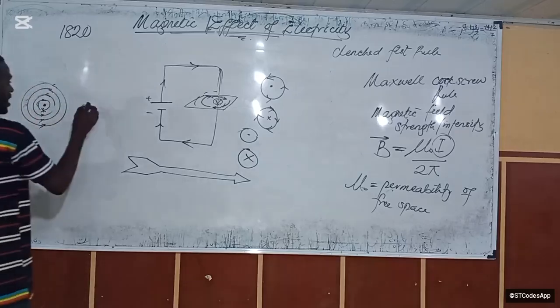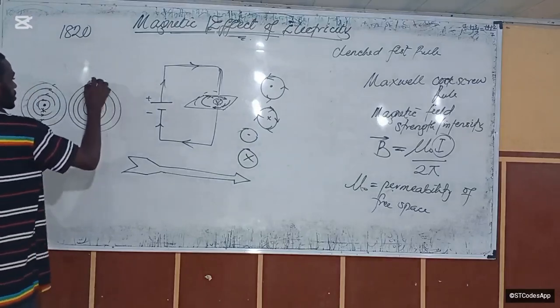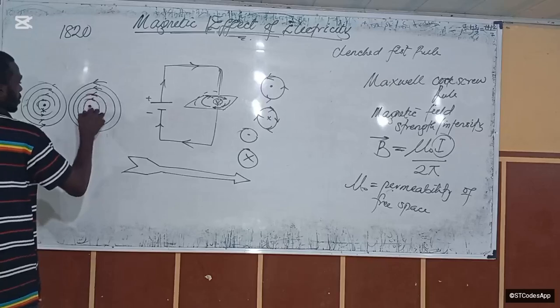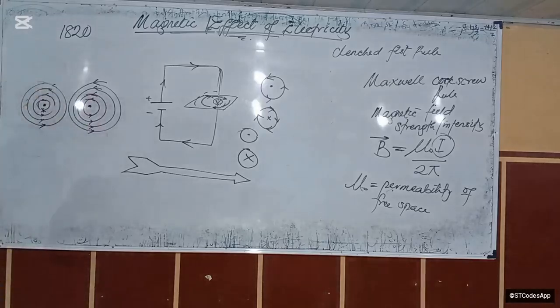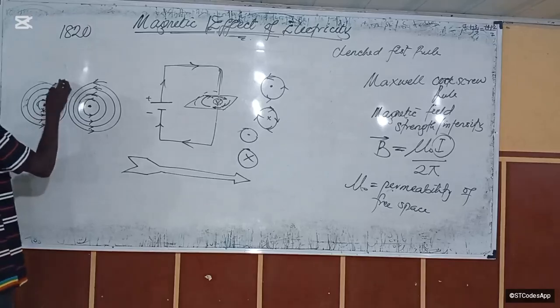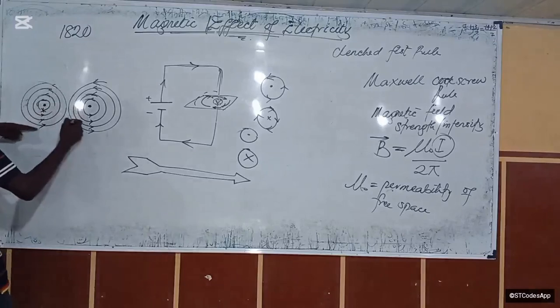For this other wire, current is also coming out. So we're going to have something like this, like this. The magnetic field around it is anti-clockwise. If this field keeps expanding, what will happen? They will coincide, because they are flowing in the same direction.